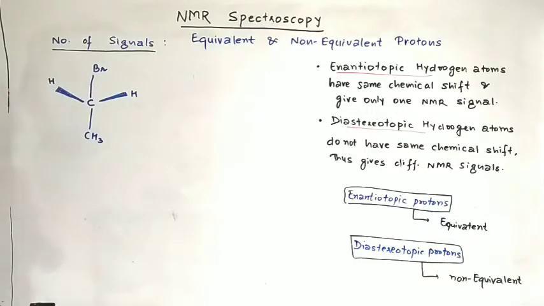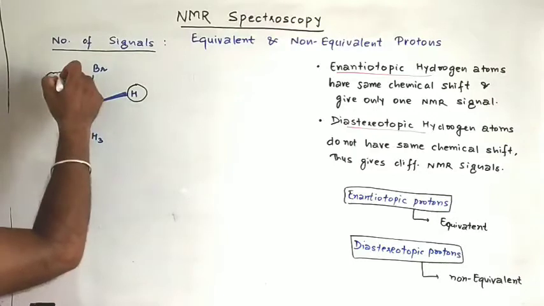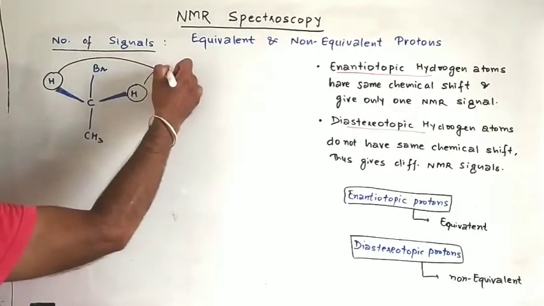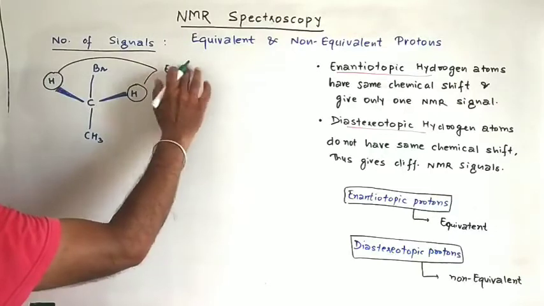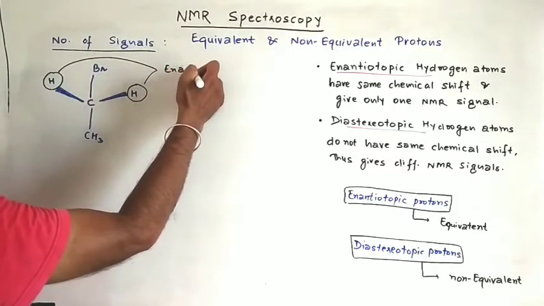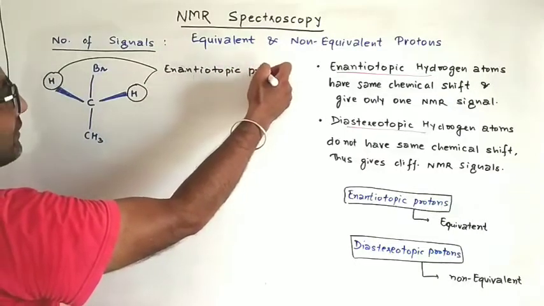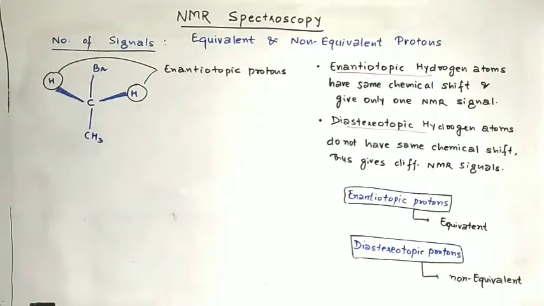So I will say these two hydrogen atoms, this one and this one, they are enantiotopic protons. And we said that these are equivalent.